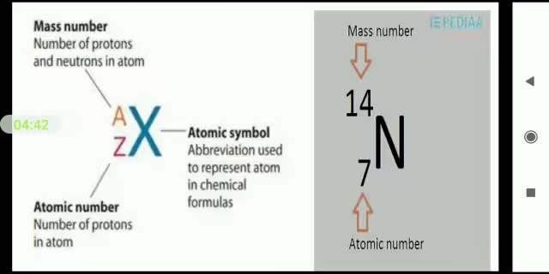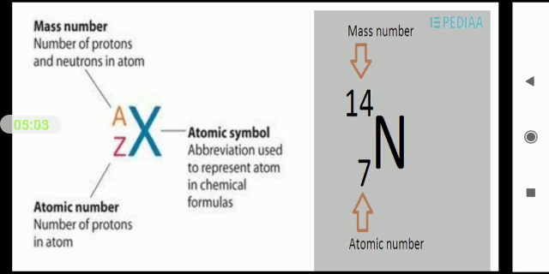To write the notation of an atom, we need to know the symbol of the element, the atomic number and the mass number. The mass number of the atom is written above the symbol as a superscript, and the atomic number is written as a subscript.